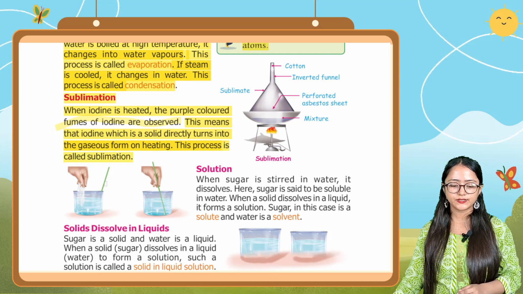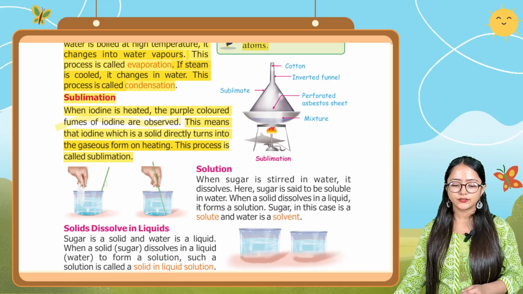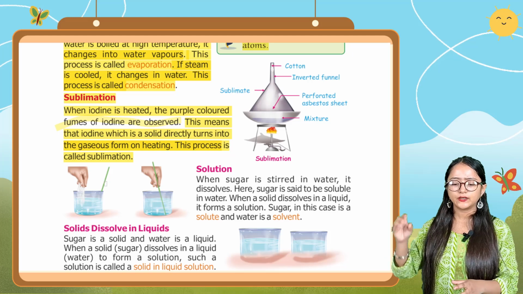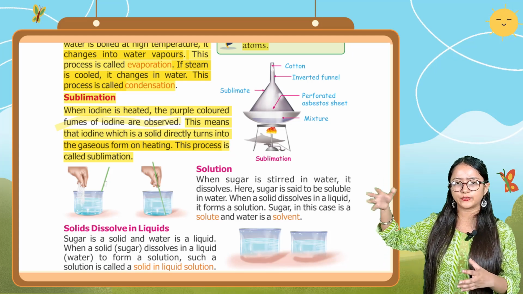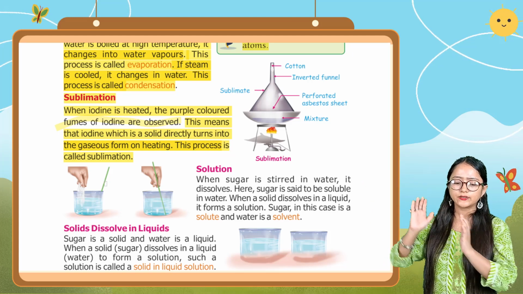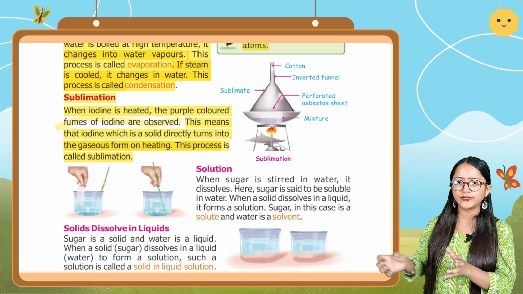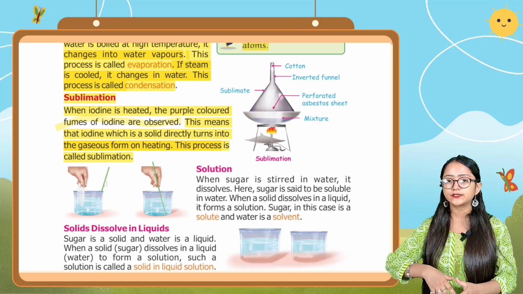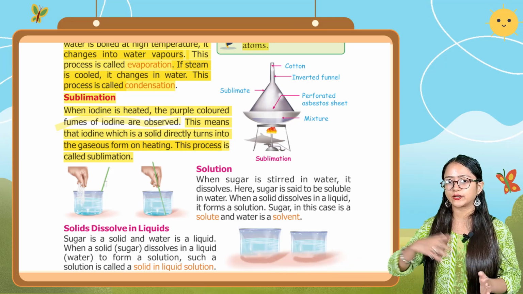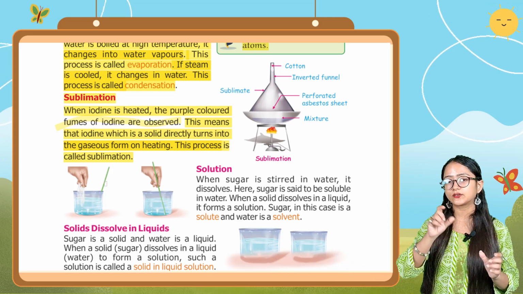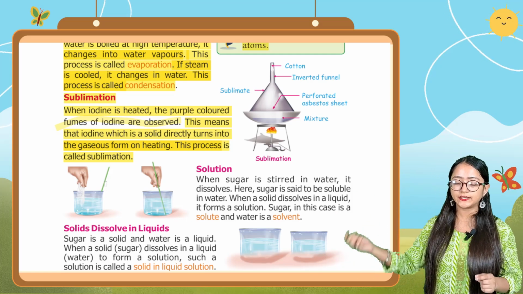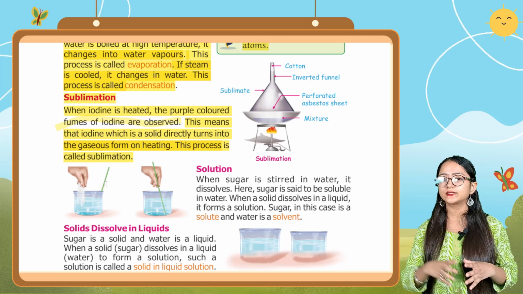This process is called sublimation. So when you heat up that iodine, the purple colored fumes appear. The iodine, which was in solid state, directly turns into the gaseous form. It is not turning into the liquid form first. The solid is directly turning into the gaseous form by heating, and this process is known as sublimation.